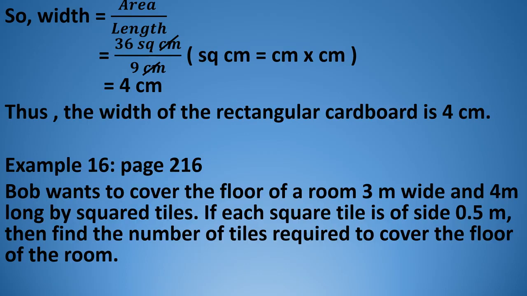Clear? And we have to cover this floor with square tiles. And the side of a square tile is 0.5 meter. Then you have to find out how many tiles are required to cover the floor of the room.